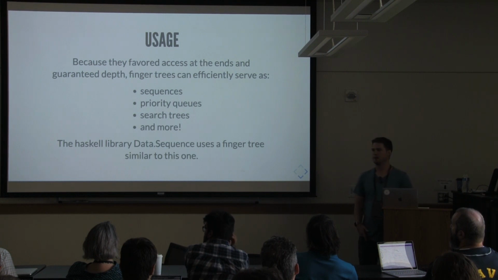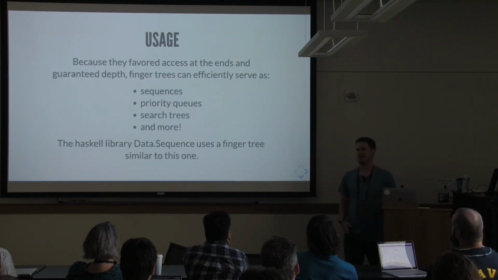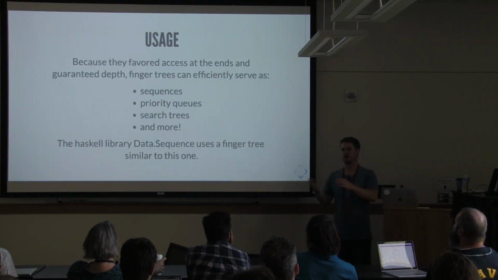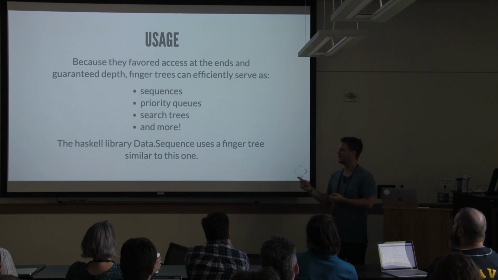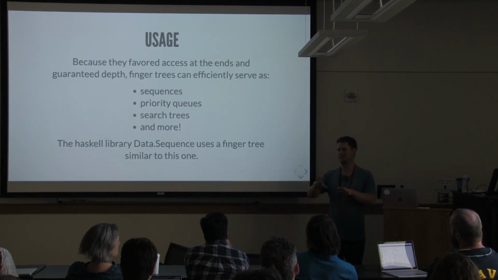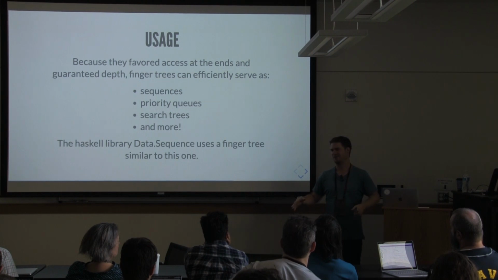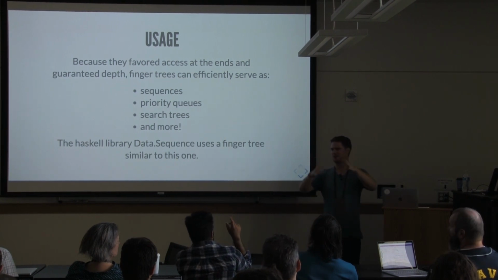Just a quick aside: in Scala, the better random access functional structure is a vector. And the way it works is not a finger tree. It's actually a tree, but it's 32 wide. So basically it's a tree with a branching factor of 32, where each node has 32 elements.